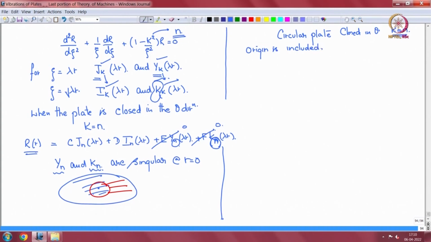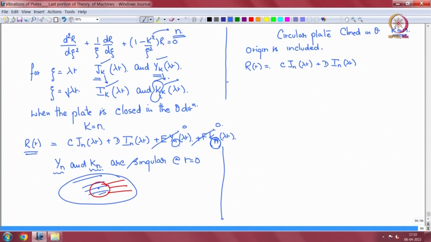As a result, my solution is c times J n of lambda r plus d times I n of lambda r is R of r. That is the solution.